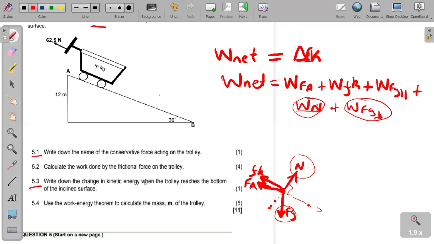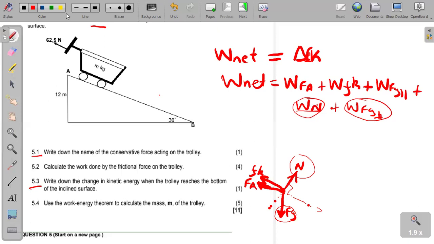Like right now, we have just come to notice that the change in kinetic energy is obviously 0 joules. That information becomes necessary to recall on 5.4. We should also consider that.